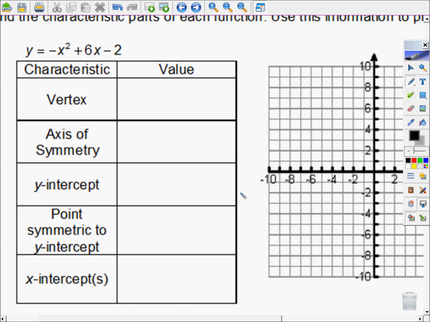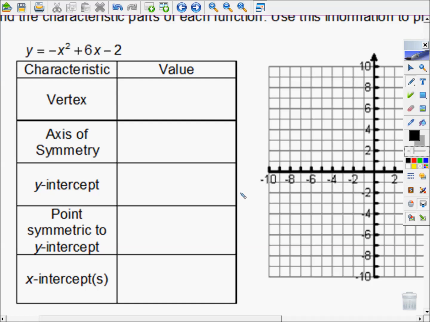Point of symmetry to the y-intercept. What is the y-intercept? 0, negative 2. Our axis of symmetry is 3, so that's 5, and then 6, negative 2.